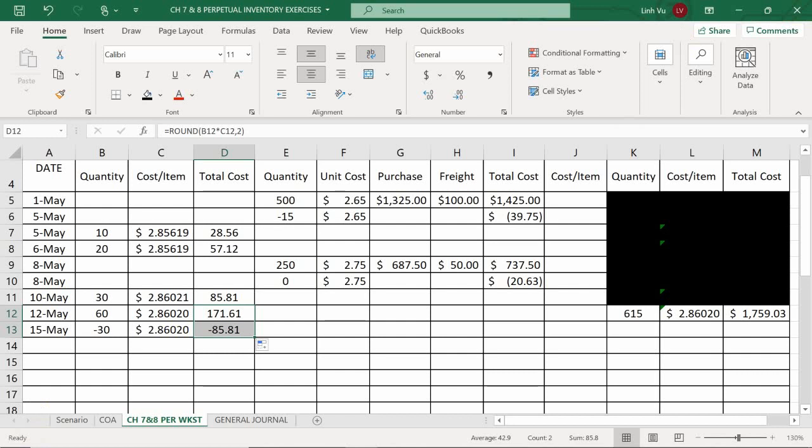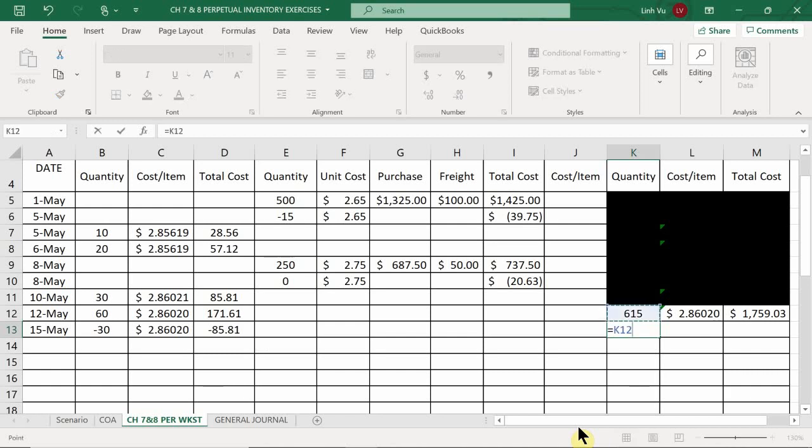Okay, so then I need to add that back into my inventory, because I end up refunding and putting the products back into my inventory. So in this case, I have 615, minus my negative 30, excuse me.